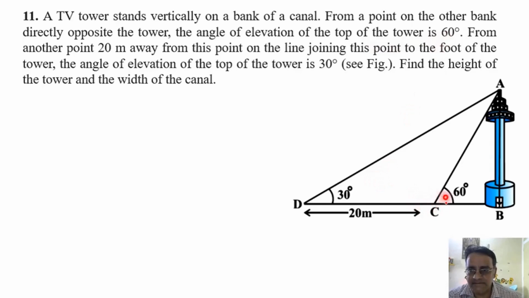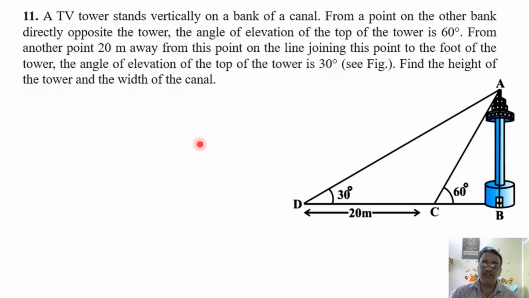So this point, okay, from another point 20 meter away from this point, 20 meter behind, so definitely the angle of elevation will go down, on the line joining this point to the foot of the tower, the angle of elevation of the top of the tower is 30 degree. Find the height of the tower and width of the canal.